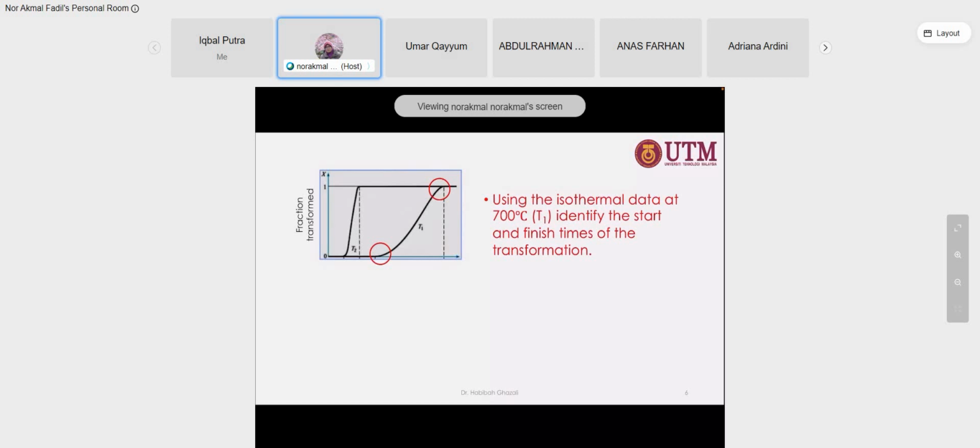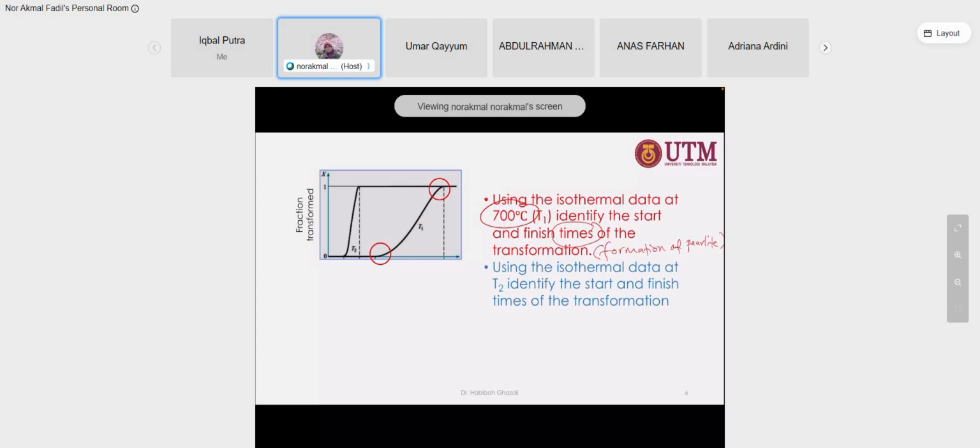The first, they take one temperature and see at what time the first transformation into pearlite, the formation of pearlite. Right. And then at what time they see the pearlite is 100% transformed. Okay, they record these two.